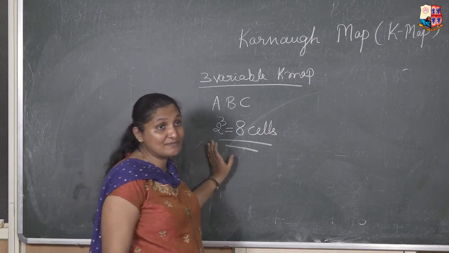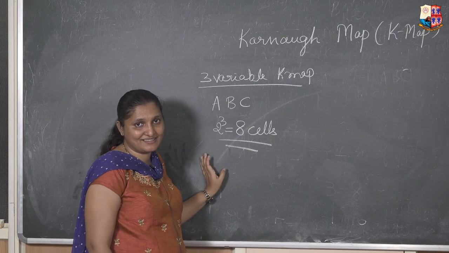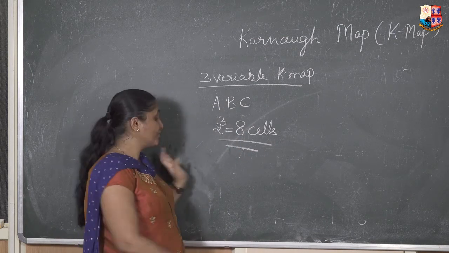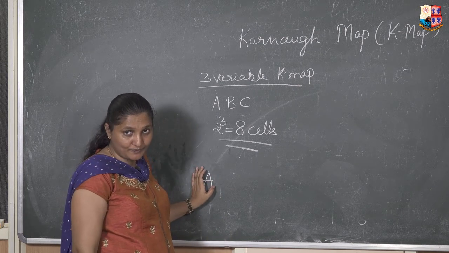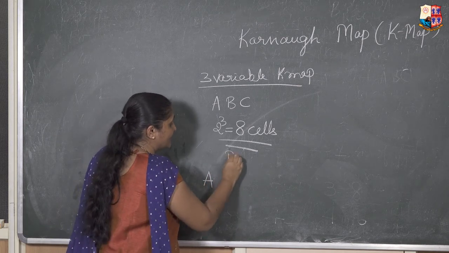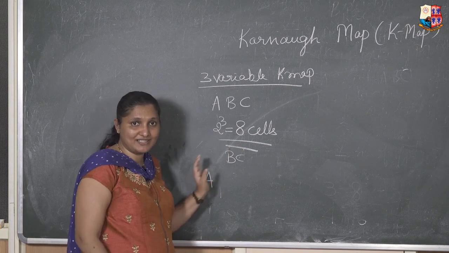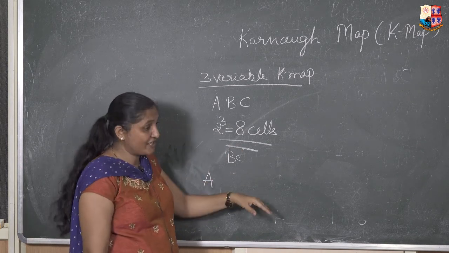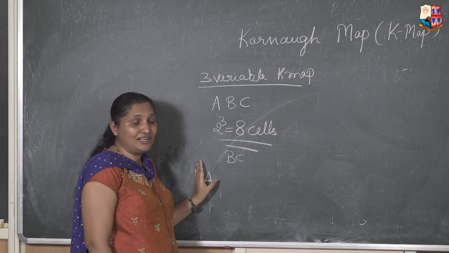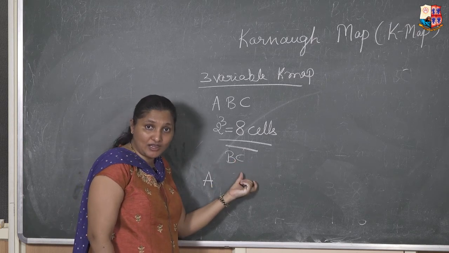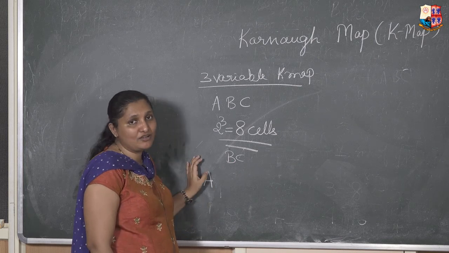There are two possible ways to draw these 8 cells. One is to take only one variable along the row and two variables along the column. The second way is the opposite: one variable along the column and two variables along the rows.